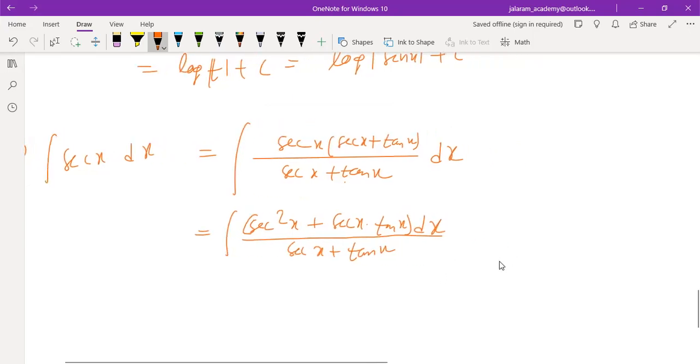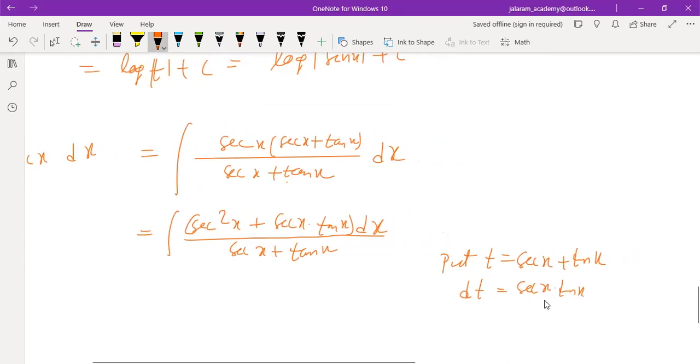So if we now put t equals to the denominator, sec x plus tan x, on differentiating, dt equals to the differentiation of sec x, which is sec x tan x, and the differentiation of tan x, which is sec square x, and dx is also there.